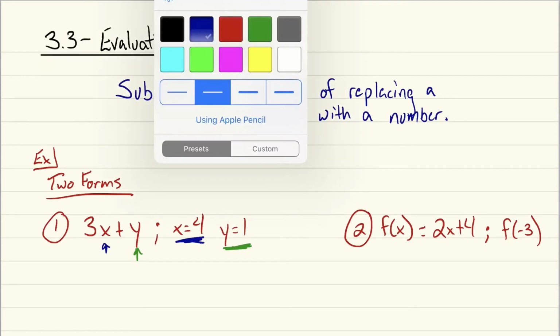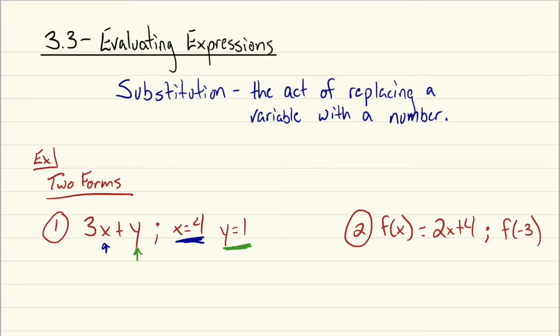When I rewrite it, we're going to say 3. And it's always helpful that anytime we put a number in, we put it in parentheses just to know that we put the right number in. Oh, we made a mistake. 1 doesn't go there. x is equal to 4. So we have 3 times 4 plus y, which is 1.